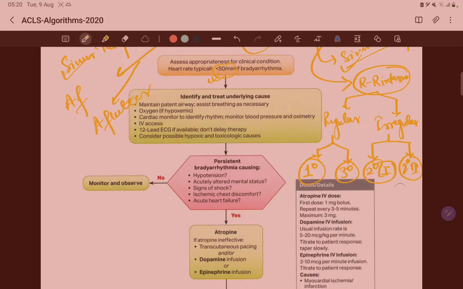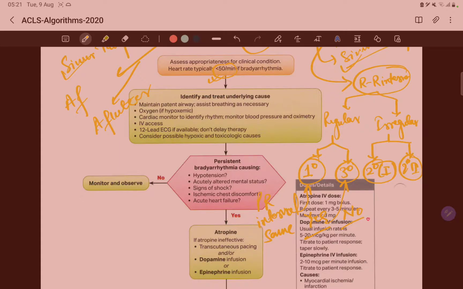Now what we see next is the PR interval. Is it the same or not? If it is the same, then it is first degree. If it is not the same, then it is AV dissociation, that is the third degree heart block.